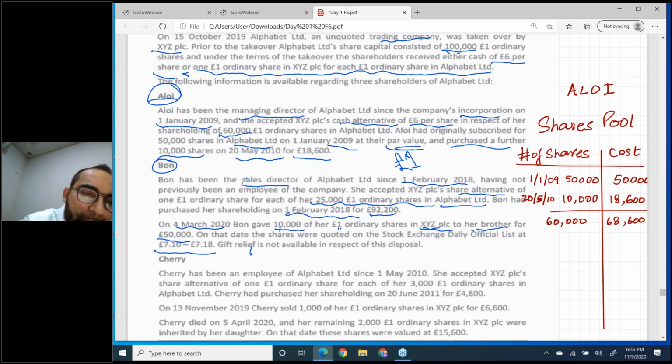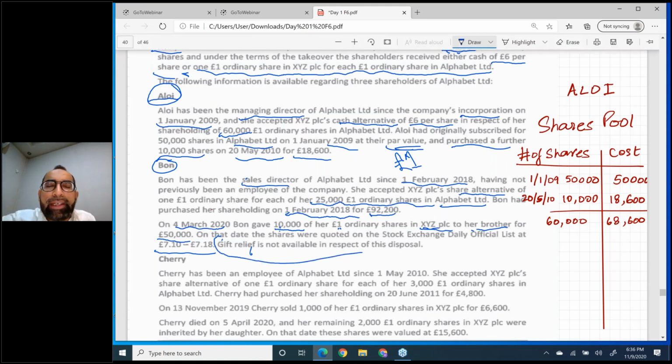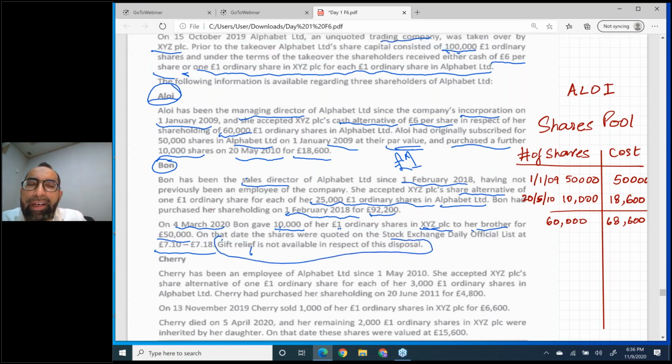Thank God the examiner has written it themselves: gift relief is not available in respect of this disposal. Forget about gift relief. Now, let me tell you in clear words, Bond is not entitled to entrepreneur relief. Why?